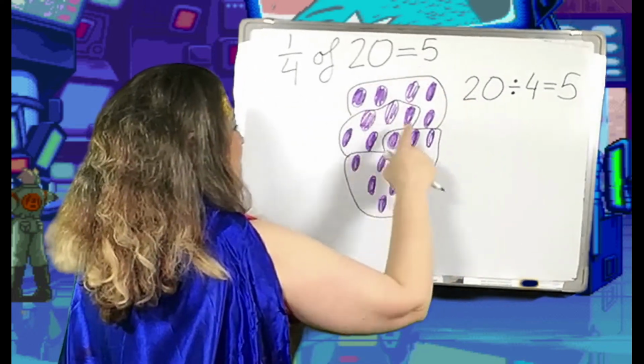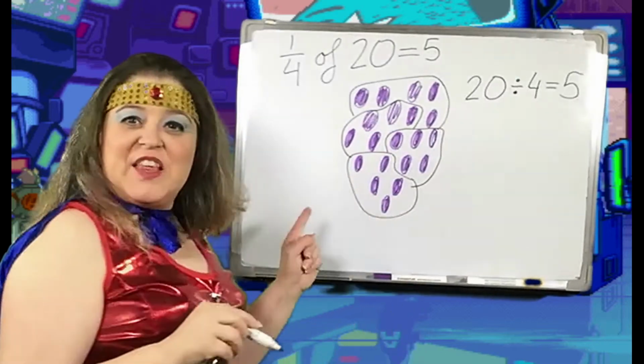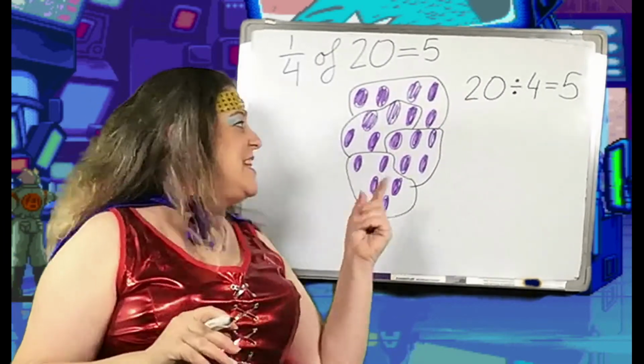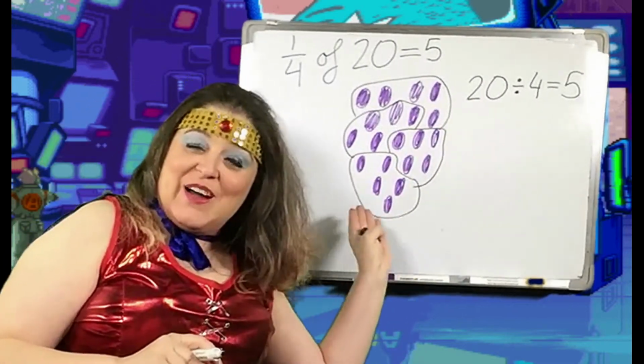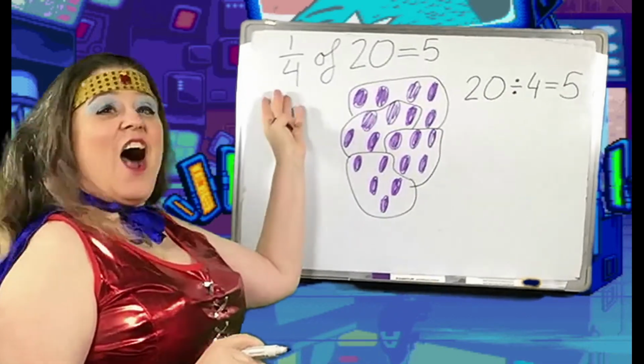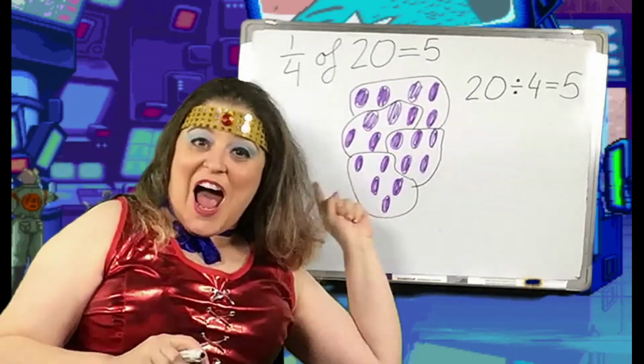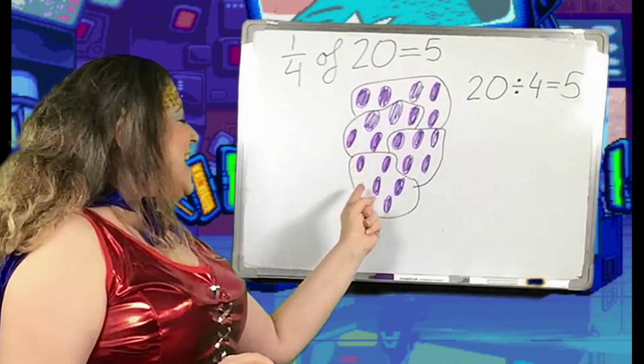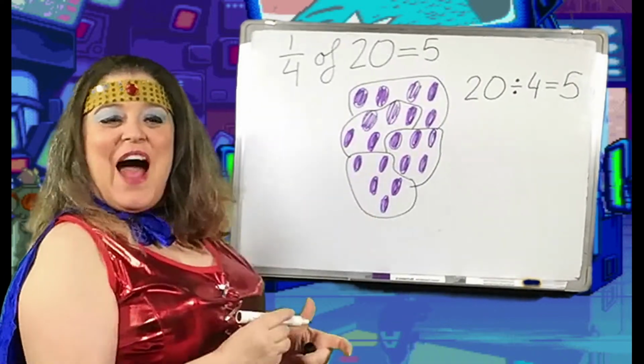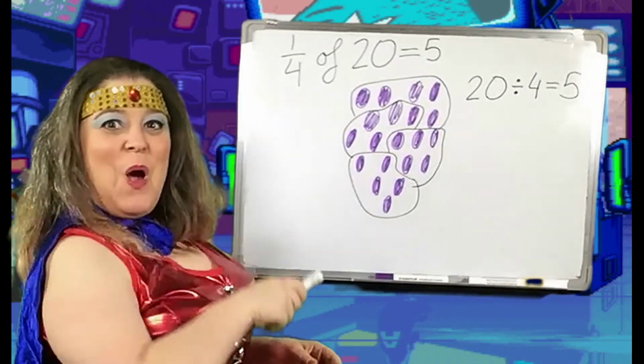So there's 5 and 5 and 5 and 5. So each of these groups has 5 grapes in it, and there are 4 equal groups. So we are correct. 1/4 of 20 is in fact 5. Well done.